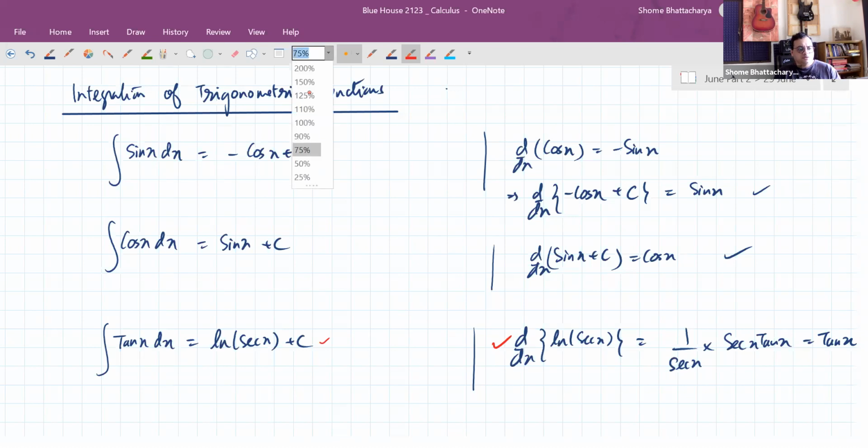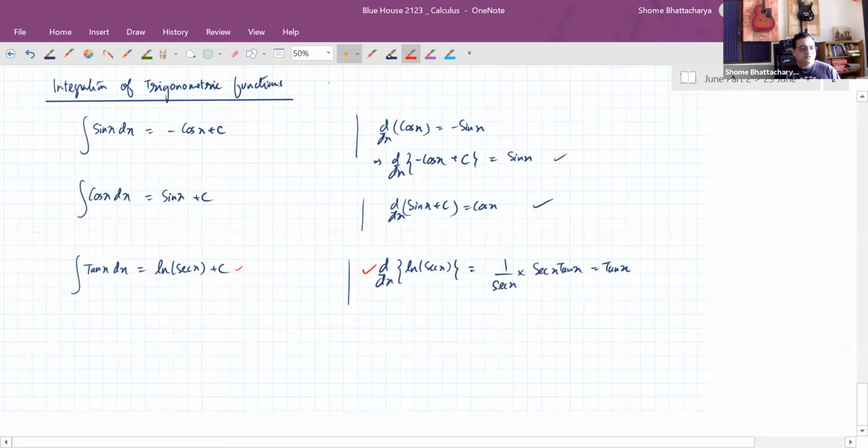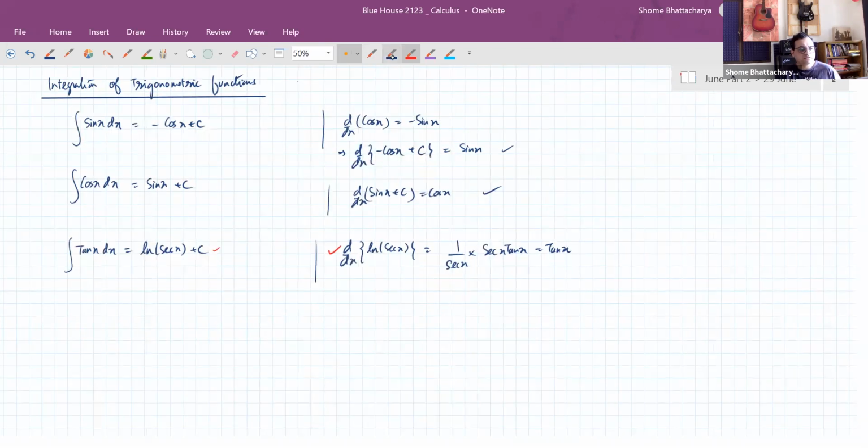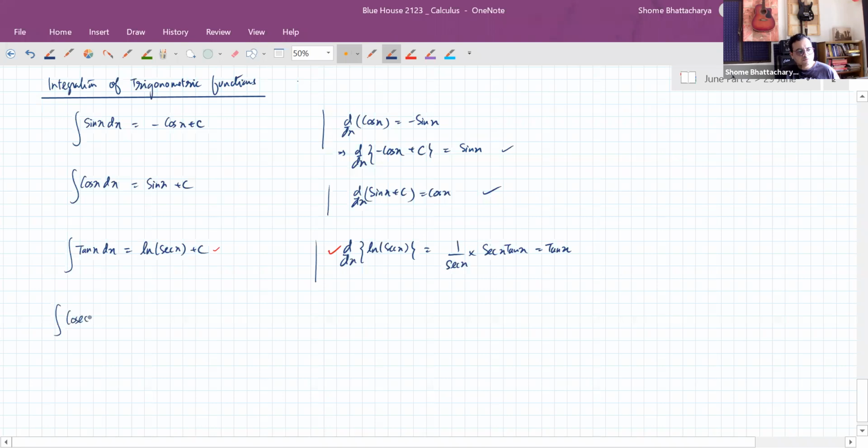Okay, now so these are the three primary trigonometric functions. Now the reciprocal ones are a bit more complicated. So integration of cosec x is given by the formula minus of ln cosec x plus cot x.